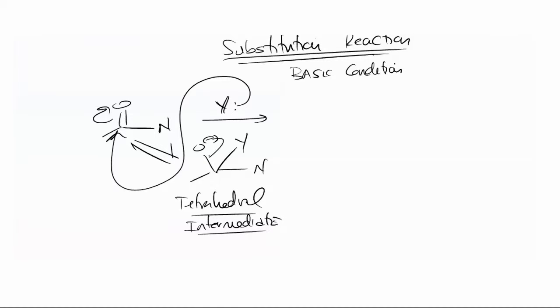Then this electron comes back and kicks off this end that was here. So then we generate our product, which is going to be this. So this is in basic conditions.